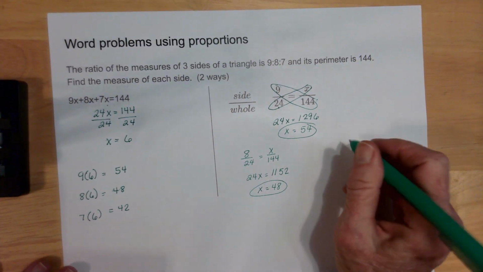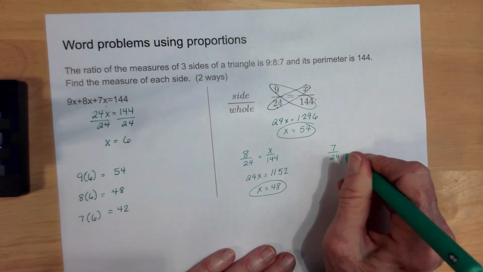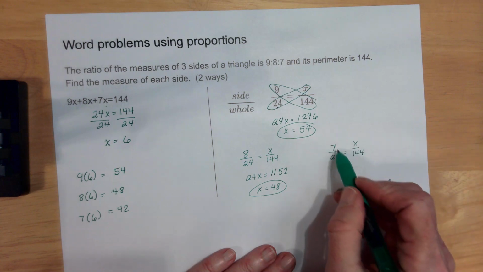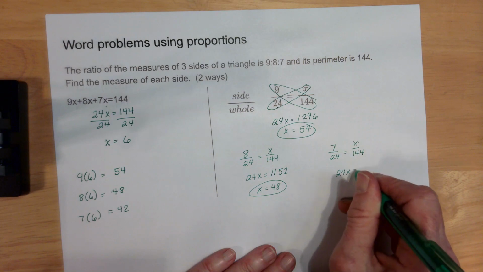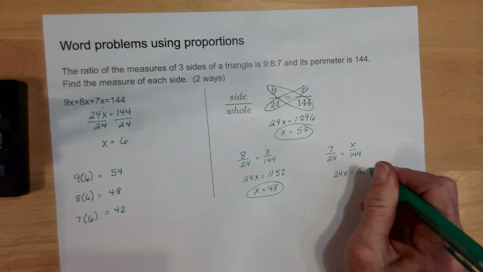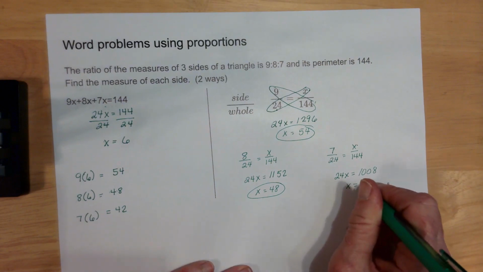So that's the other side. And then I would take the third side. 7 is to 24, as x is to 144. Side to a whole, side to a whole. So I have 24x is equal to 1,008, which I'm going to divide by 24. And it's going to give me x is equal to 42.